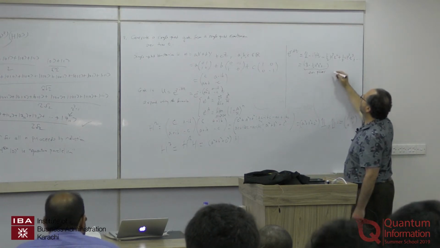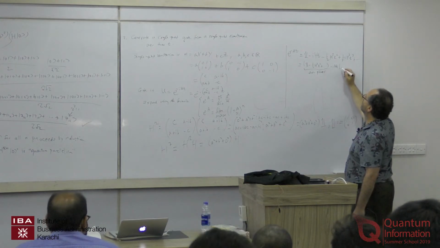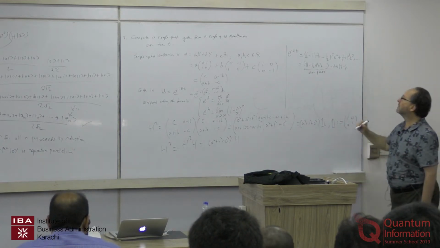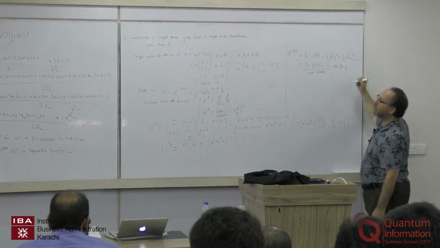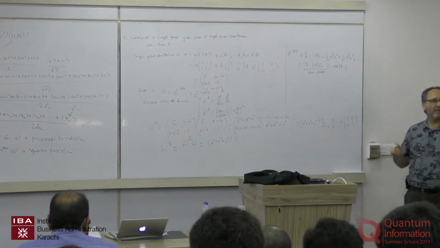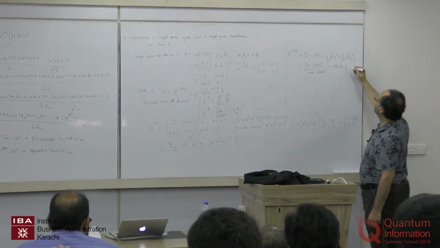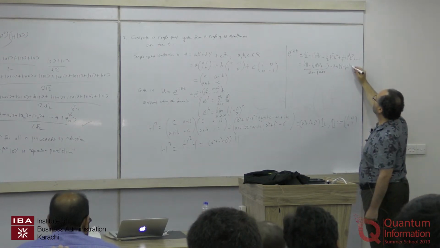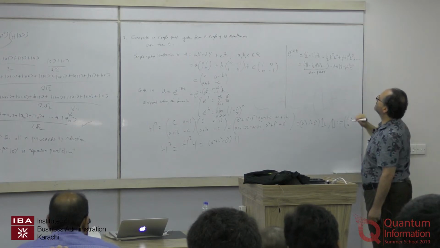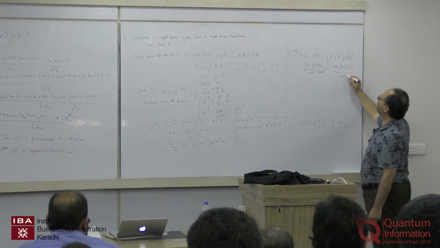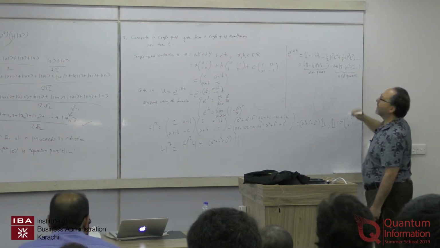And then over here we have minus i h t, identity, minus 1 over 3 factorial h squared. And these are odd powers. Is that okay?